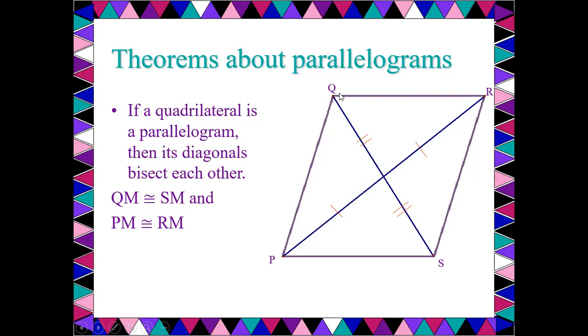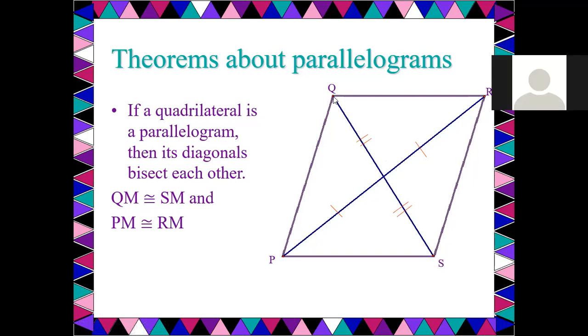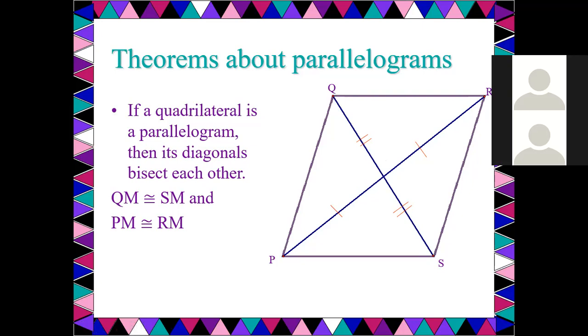So ibig sabihin lang nun, kung si QM ay 4, ano ang measurement ni SM? Can I hear it from Leslie Kyle? Leslie, kung si QM ay 4, ano ang measurement ni SM? 4 po. Very good.